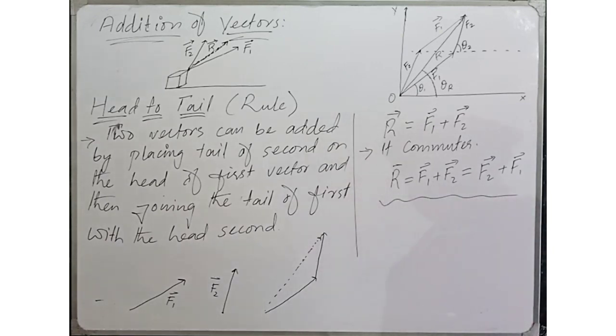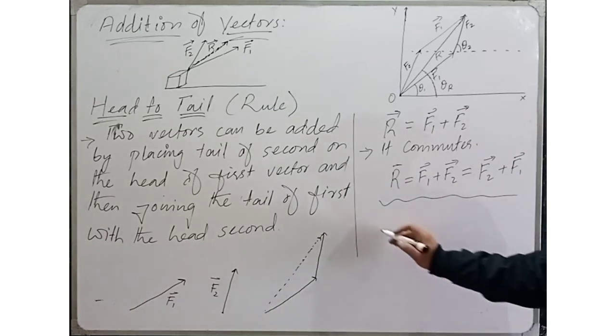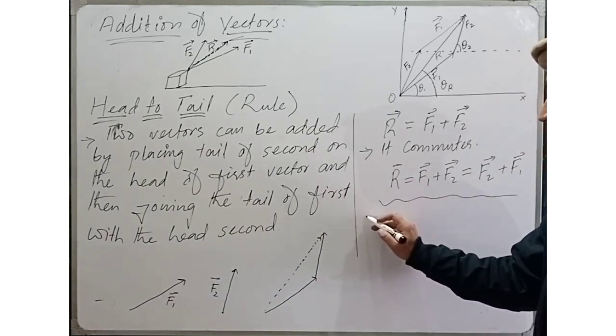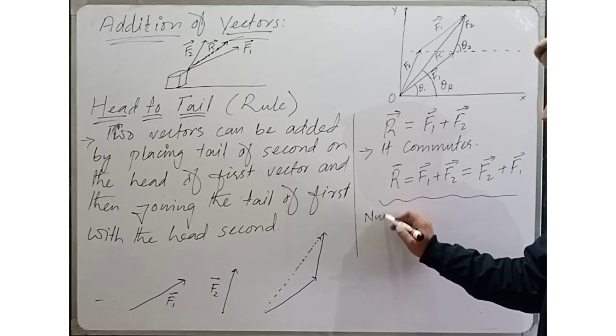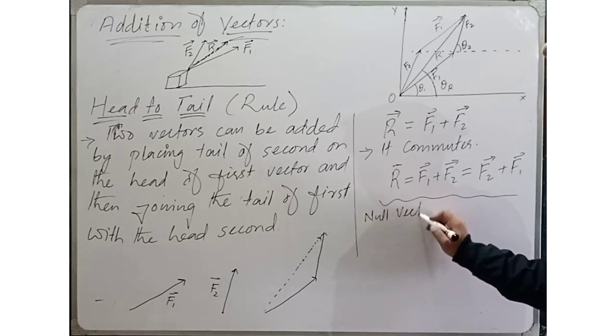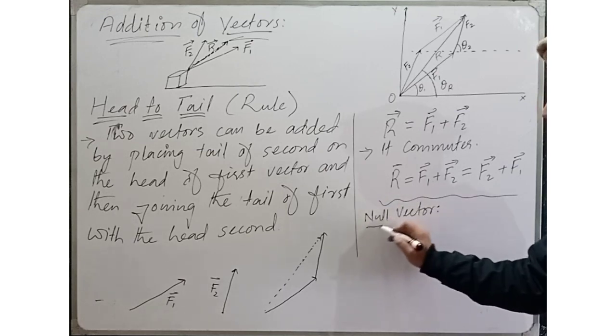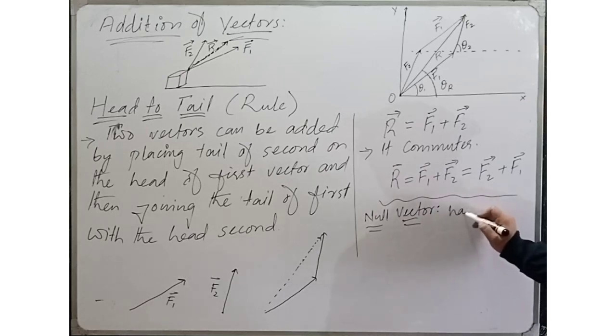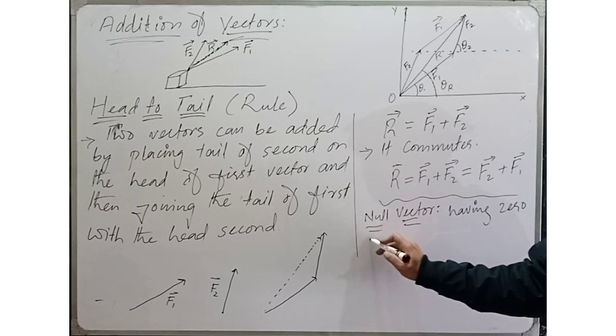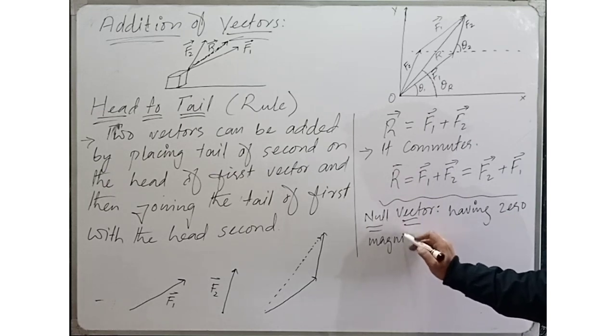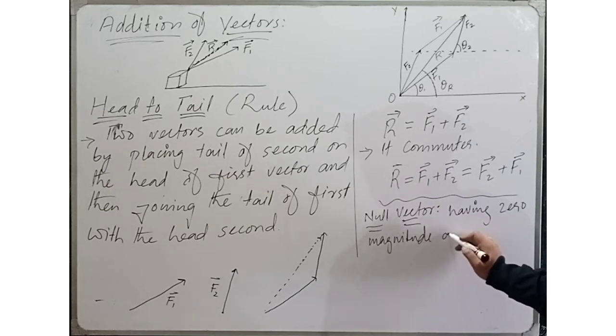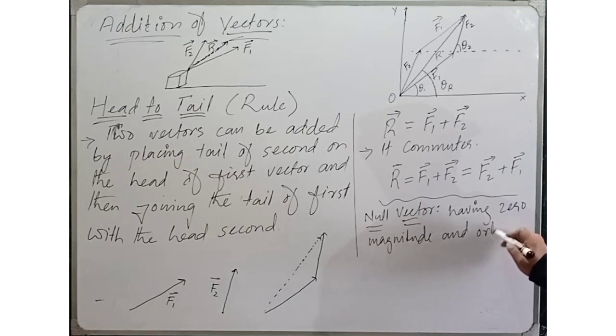Now let us define another special vector, what we call the null vector. It is a vector having zero magnitude and arbitrary direction.